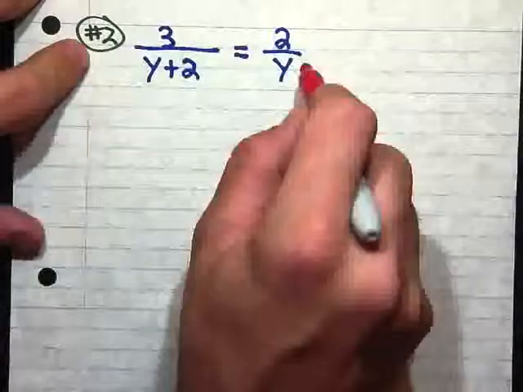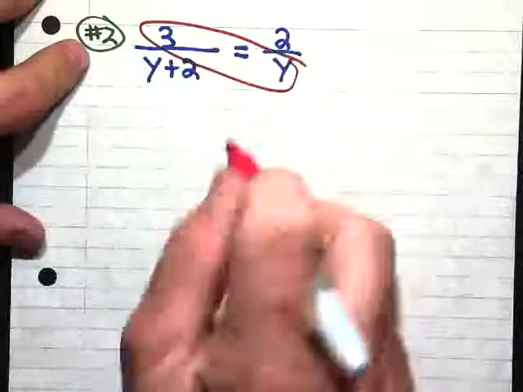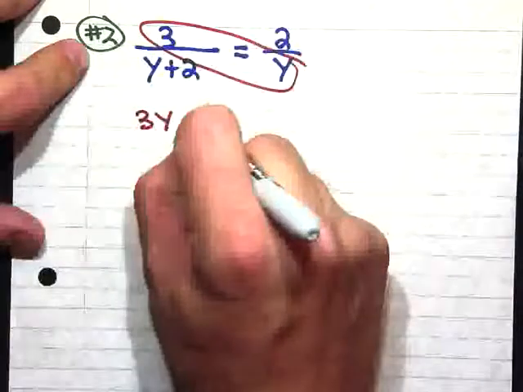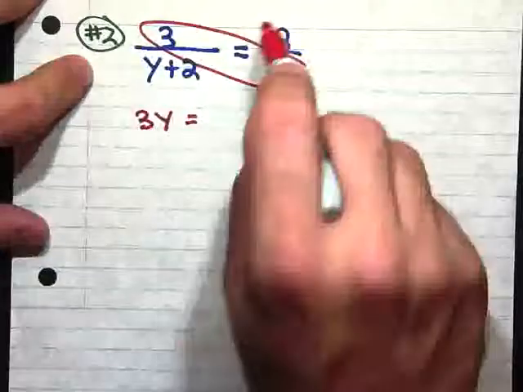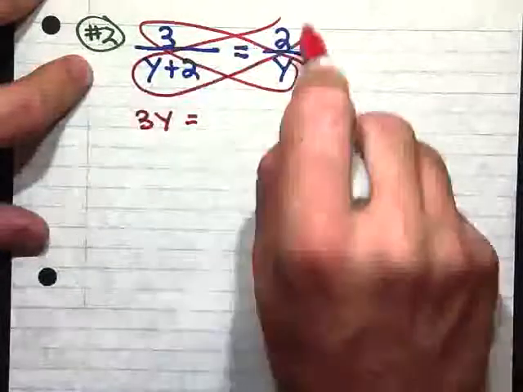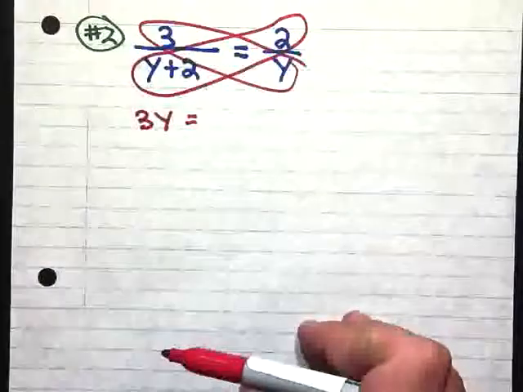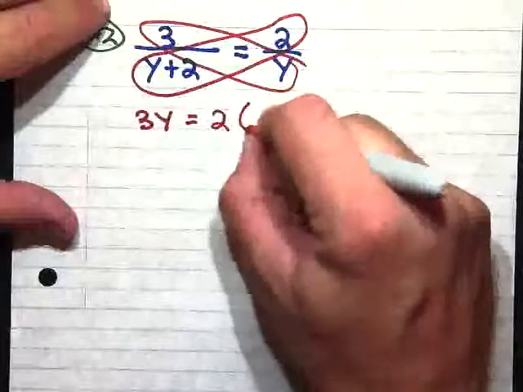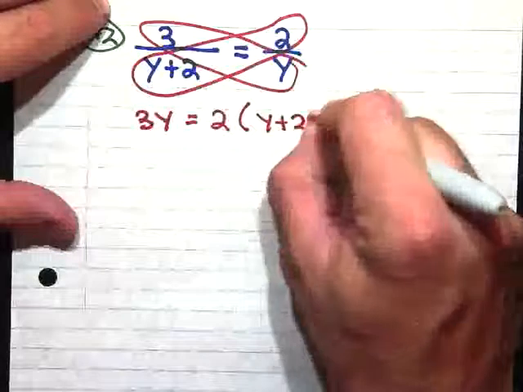We take our first cross product, 3 times y, so 3y, and we set it equal to our other cross product, which is 2 times y plus 2. So we write 2, open parentheses, y plus 2, close parentheses.